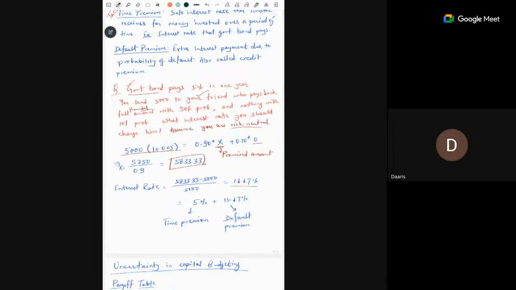So we can bifurcate it into two parts: the safe or risk-free return which you are getting, and the surcharge or extra interest which you are charging him. The safe one is the time premium or term premium, which you get because you are delaying your payment. The second part is the default premium or credit premium, which you charge because there is a chance of default.